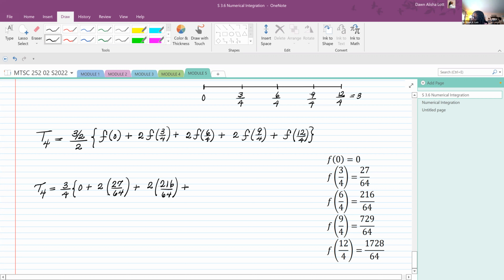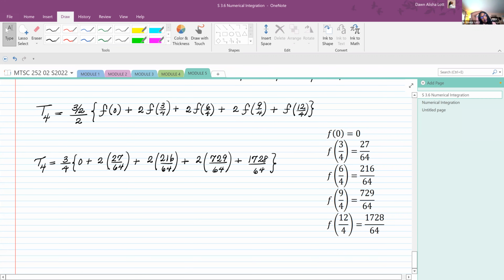Two times 9/4 cubed is 2 times 729 over 64. And then the last one, only one time, 1,728 over 64. Okay.